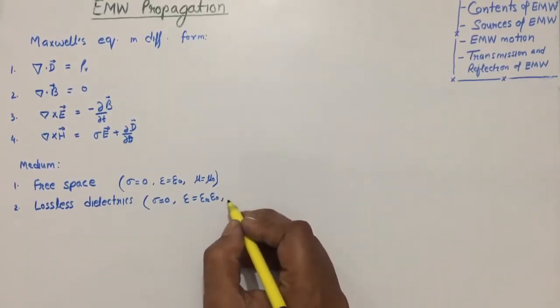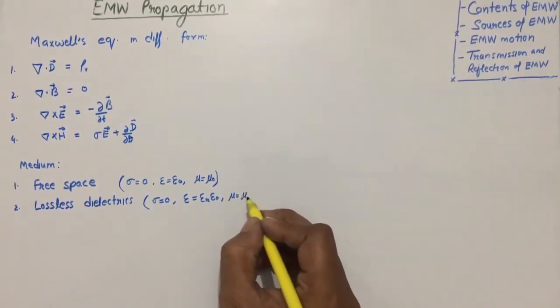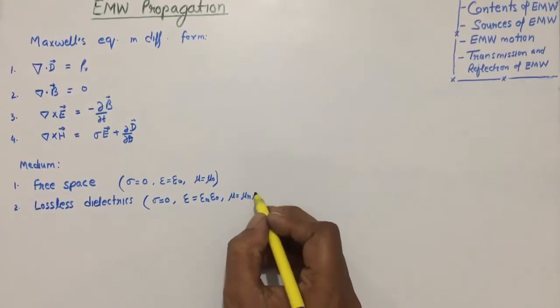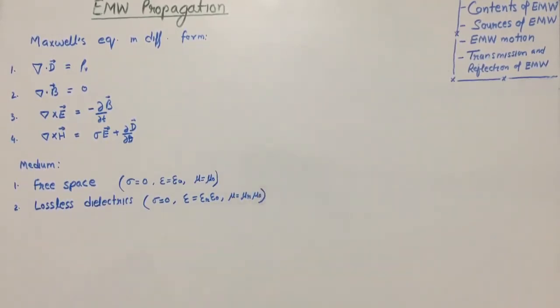Similarly, permeability also changes to mu r times mu naught. In this way, the lossless dielectrics are defined.